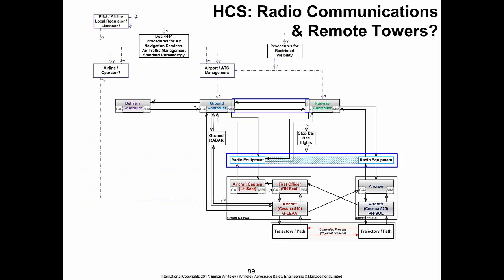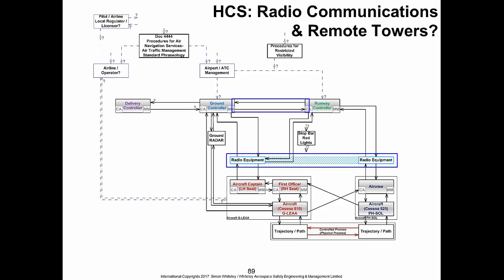Now, we do know that there was a 20-second delay before the aircraft captain received the radio frequency for the runway controller. So potentially in that 20-second window, the runway controller was talking to P8 Sol and GLEA missed the opportunity because of that delayed control action.